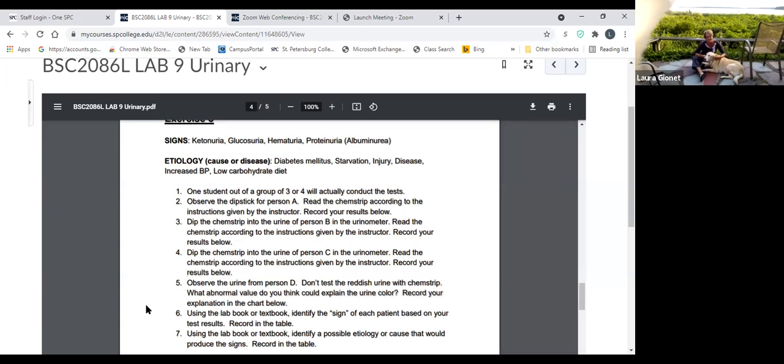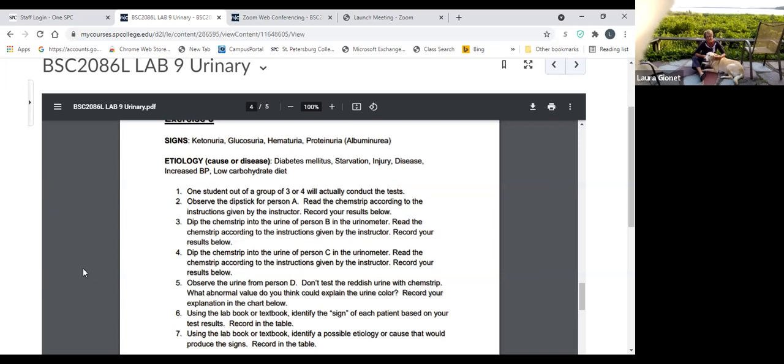You match your chem strip up on the side of your bottle or your box, and then you move it back and forth to the right or to the left to see which color matches up and what the value is. It's like testing the pH. So that's one of them. The other one was just clearly red, so that was indicative of blood.